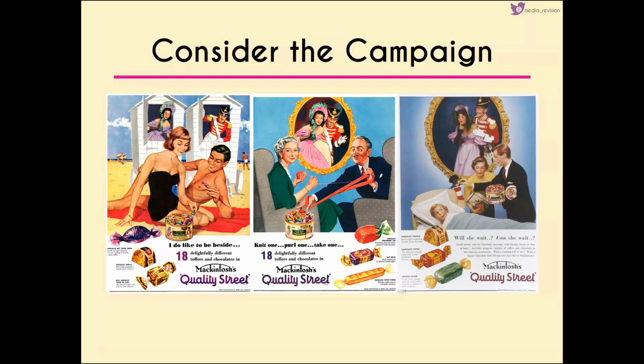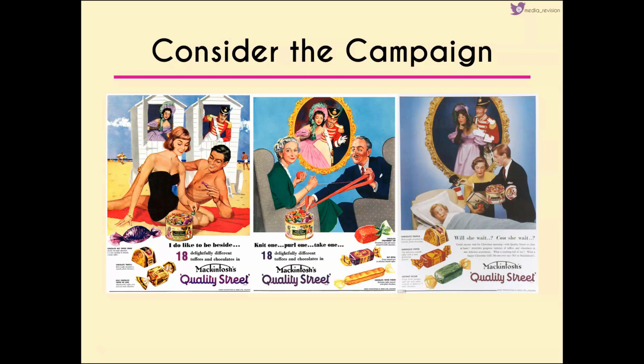Now, the advertisement on the left is probably the closest to the advert that we're looking at in terms of its layout, its colours, and also the fact that it includes a similar age group, and it's got that playful, flirty feel to it. What's interesting is that, again, Major Quality and Miss Sweetly seem to be matching or mimicking the characters that we've got on the towel, whereas in the image on the far right, we have Major Quality and Miss Sweetly sort of joining in with the action.